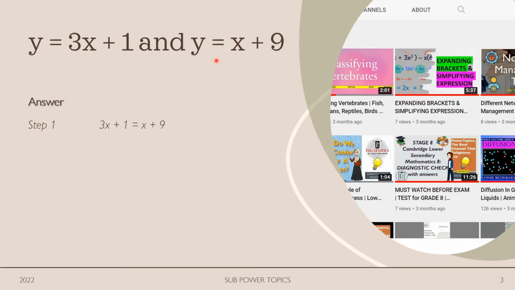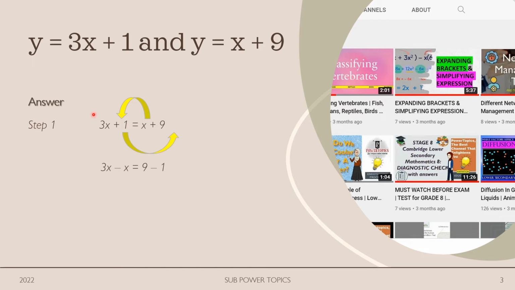Now you have to rearrange the equation to get the x's on one side and the numbers on the other side. We'll get 3x minus x is equal to 9 minus 1. Remember that when the number or variable crosses the equal sign, it will change its sign to the opposite sign.